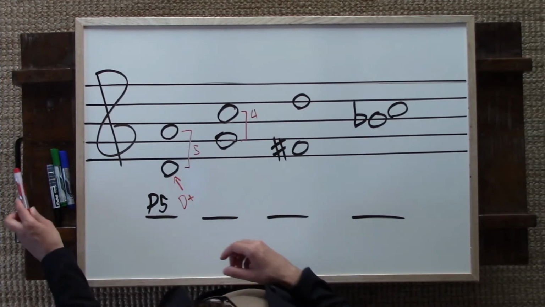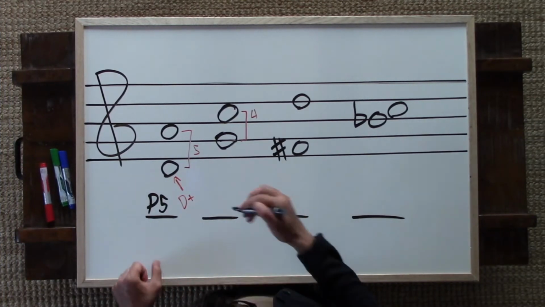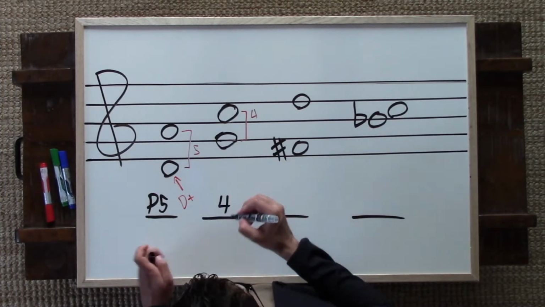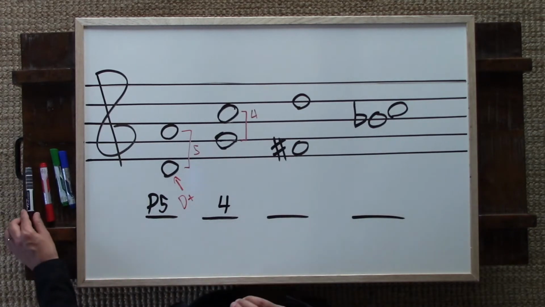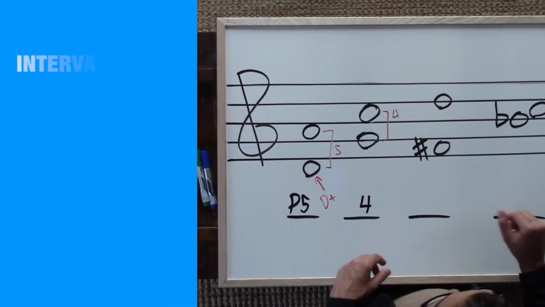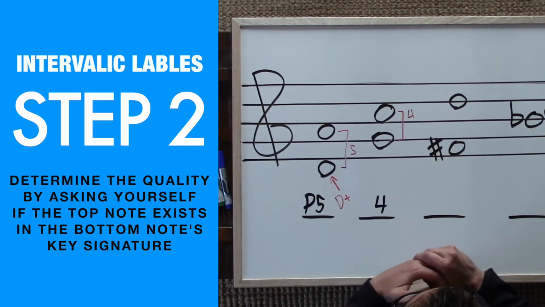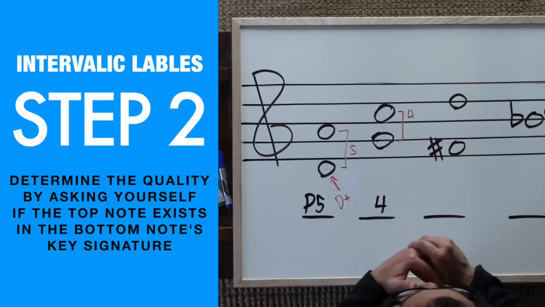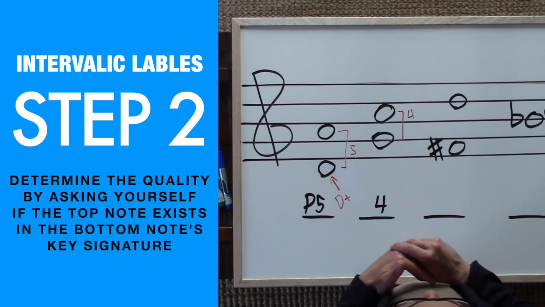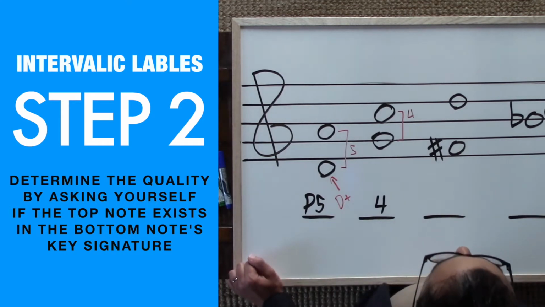And in my intervallic label, I will write that down here. And now we have to figure out the quality. So step number 2 is to figure out whether or not this C actually exists in the key of G major. Because I know what G major's key signature is, I know G major has 1 sharp and it is F sharp.